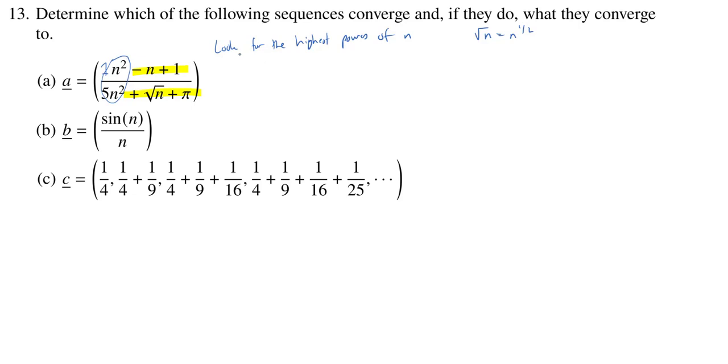If we look at n squared minus n plus 1 over 5n squared plus the square root of n plus pi, I divide out a copy of n squared from both the top and the bottom.